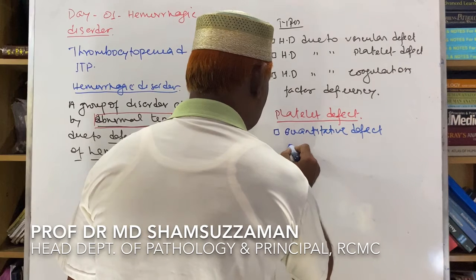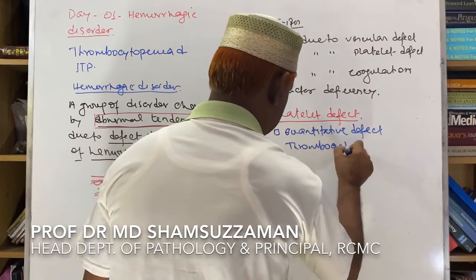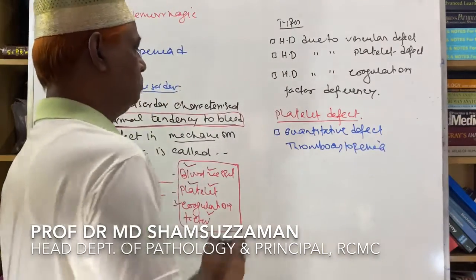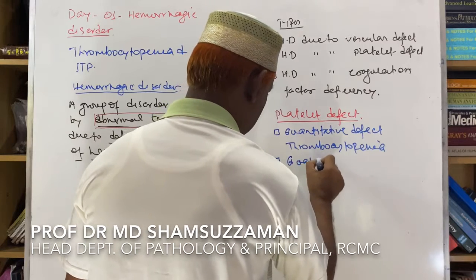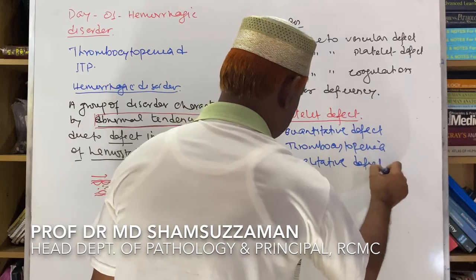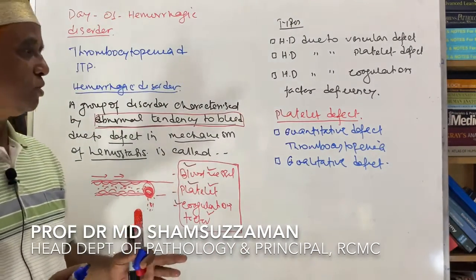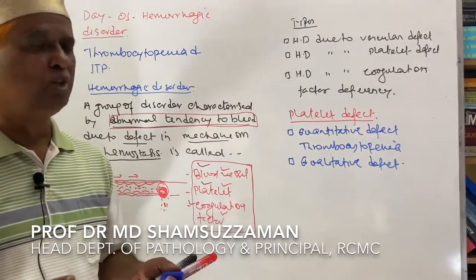It is called thrombocytopenia, that is, decreased platelet count. Another is qualitative defect of platelet. Here the count of platelets is quite normal, but the quality is defective.